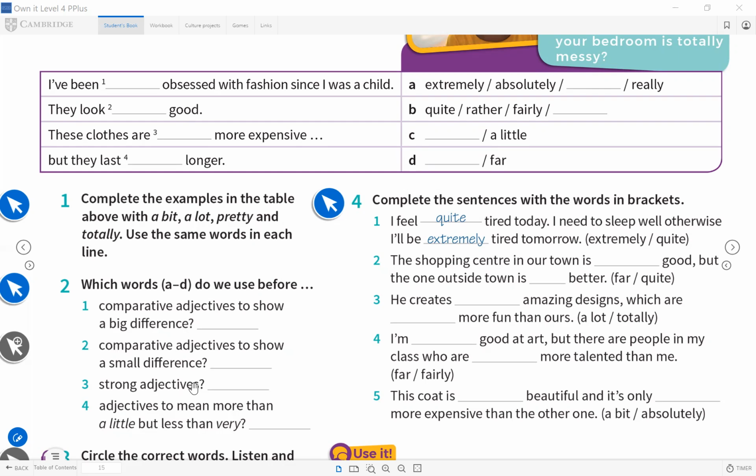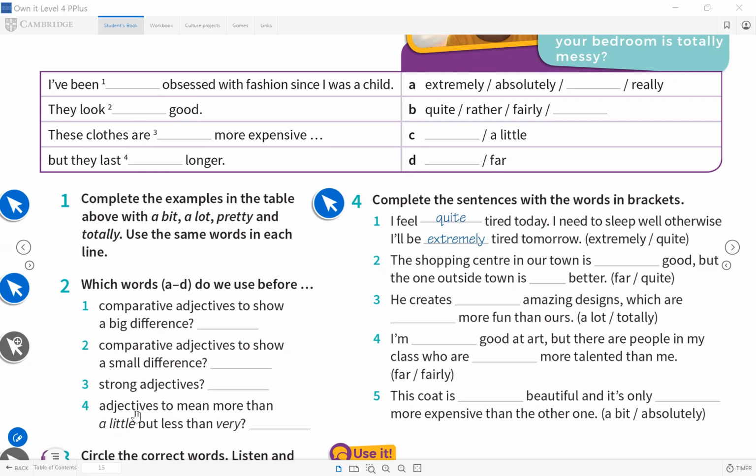Okay, so these modifiers should be used before strong adjectives, which tells us that there's an idea. So these adjectives are out of an idea. Okay, that's why they are strong adjectives. Obsessed is a strong adjective before which we use the modifiers extremely or absolutely or totally or really.